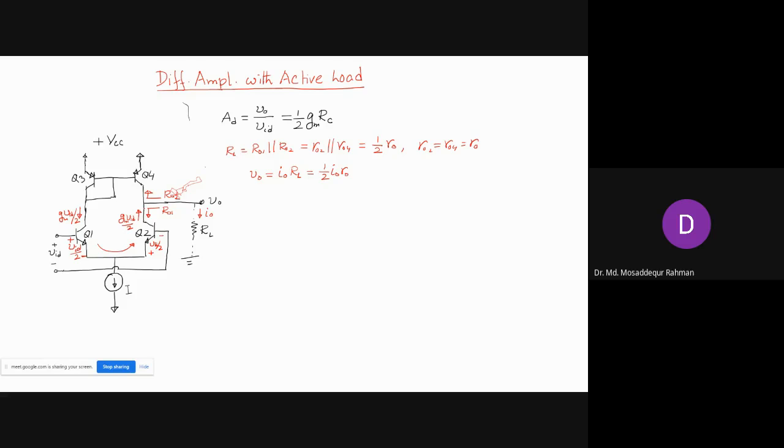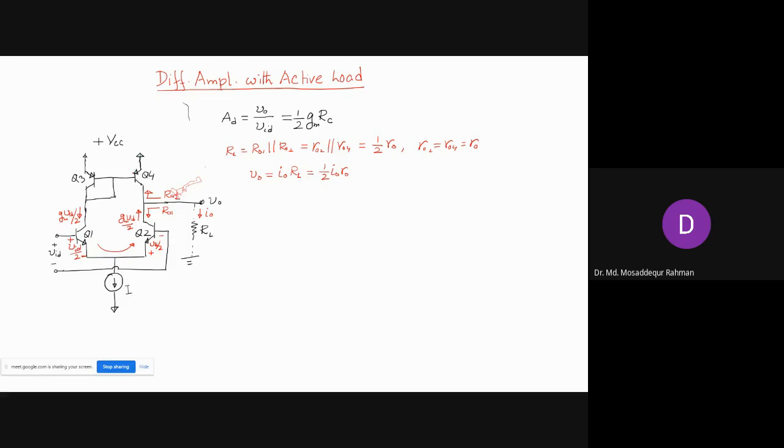How will the current flow? This current will flow this way and out into this load resistance. Is that clear? Now, what will be the current in the collector of Q4?